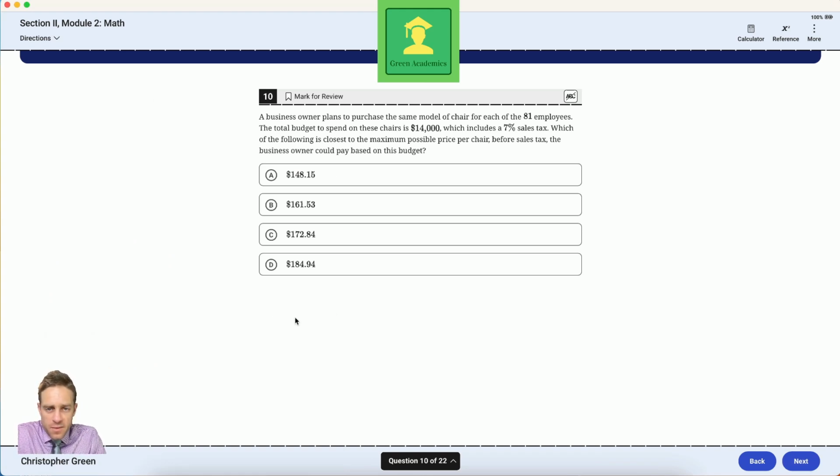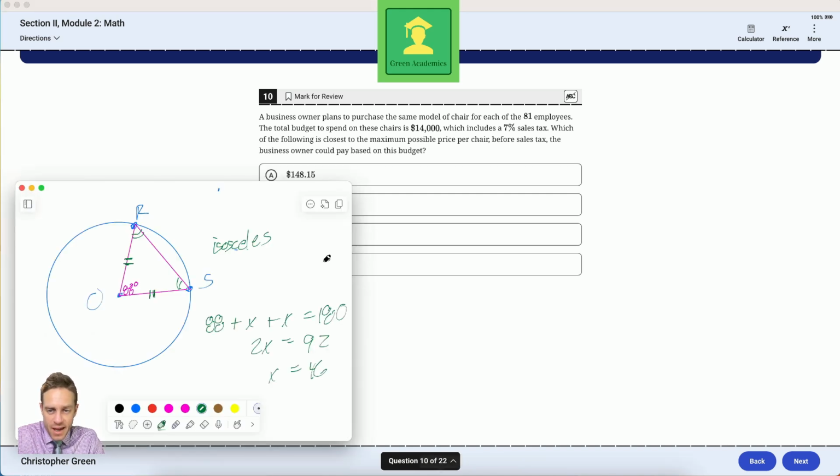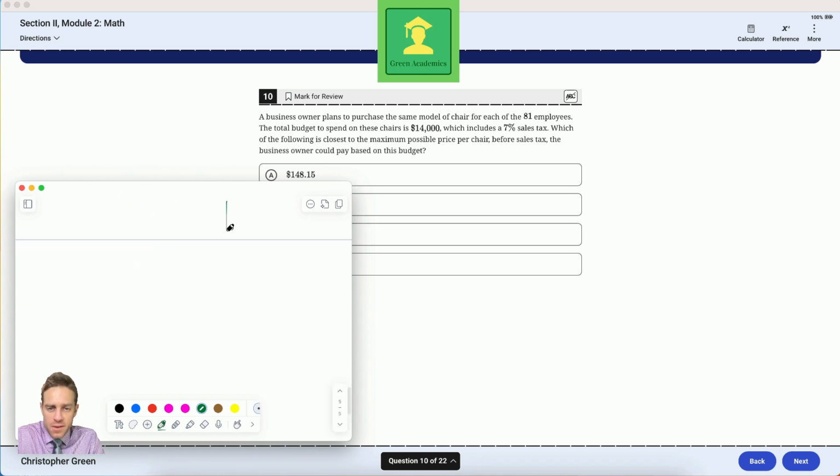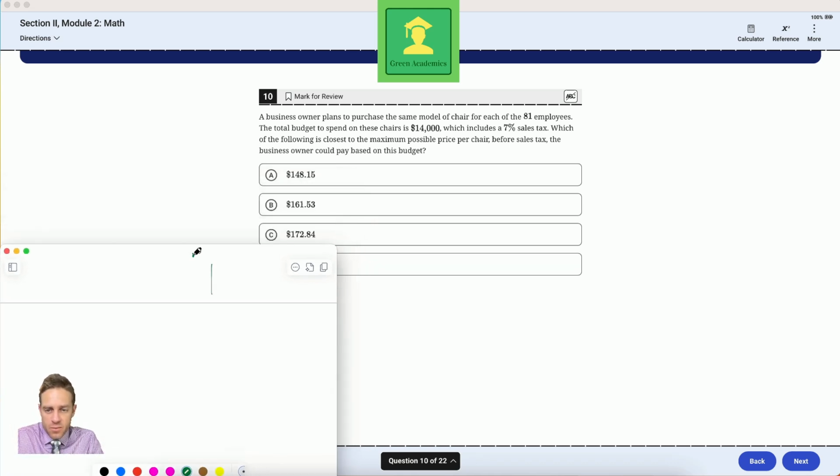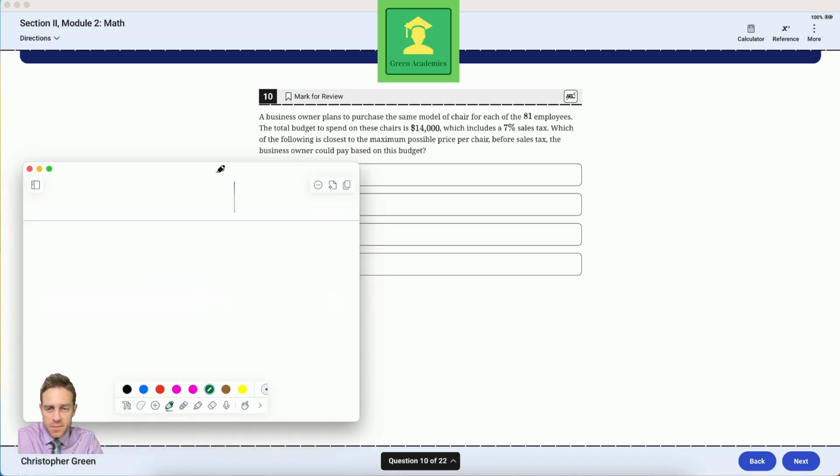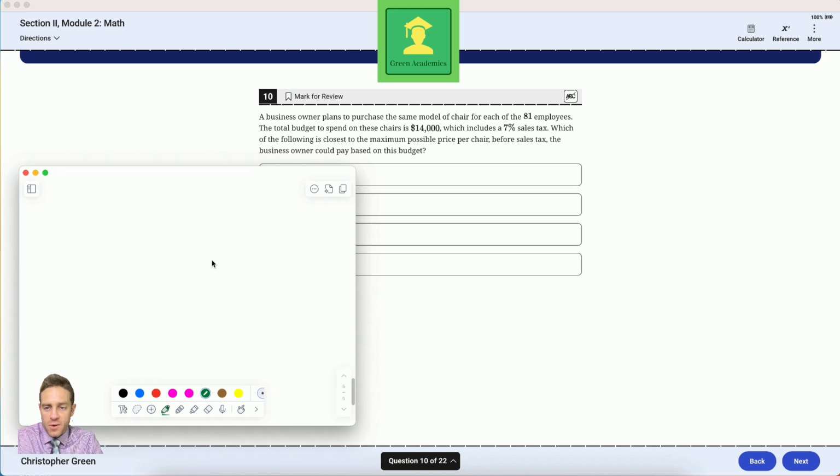A business owner plans to purchase the same model of chair for each of the 81 employees. The total budget to spend on these chairs is $14,000, which includes a 7% sales tax. Which of the following is closest to the maximum possible price per chair before sales tax the business owner could pay based on his budget?